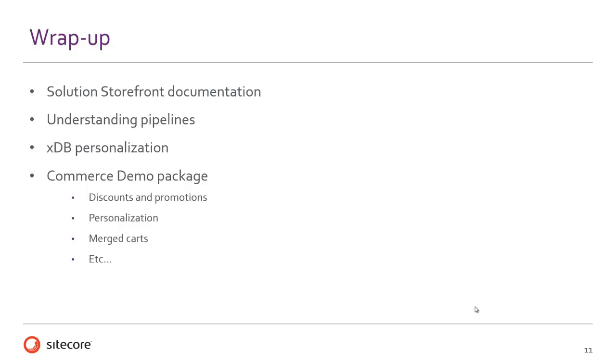You can explore a bit more about XDB personalization, and that's probably best done by installing the Commerce demo package. My colleague Kelly Hurd has put a lot of effort into adding specific interesting e-commerce functionality on top of the reference storefront. So there are examples around discounts and promotions, personalization, typical cart activities such as merging carts.